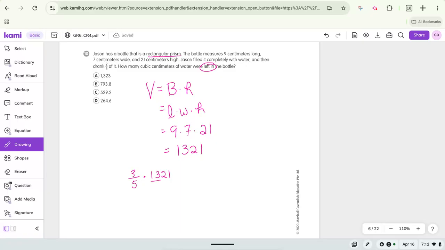So again, you can put this over 1 if you want. You're going to multiply 3 times 1,323, and you're going to divide by 5.